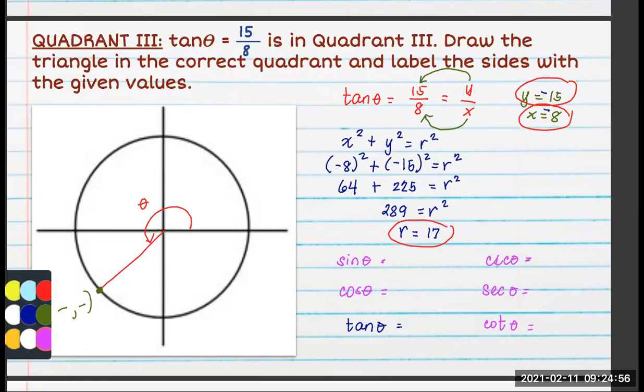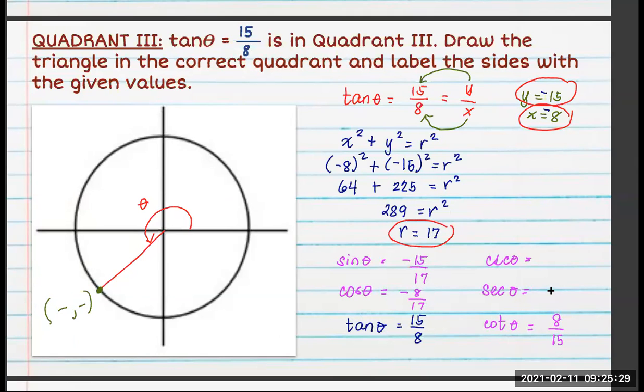So we are given tangent theta is 15 over 8, which means that your cotangent theta would be 8 over 15, the reciprocal, right? Now, sine theta is y over r, so this would be negative 15 over 17. Cosine theta is x over r, so you'll have negative 8 over 17.